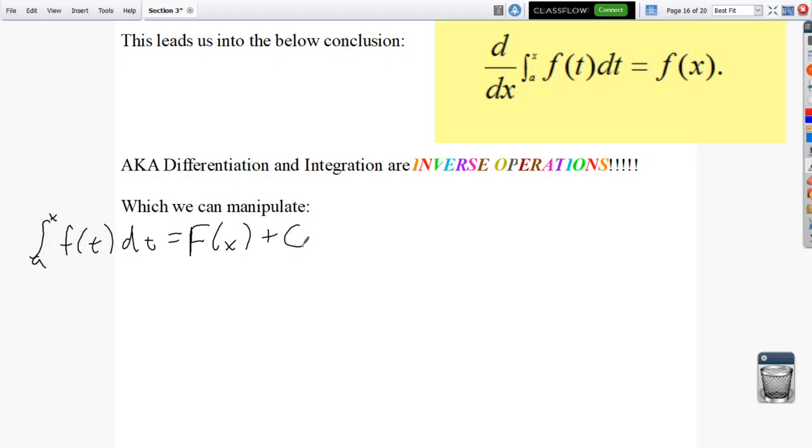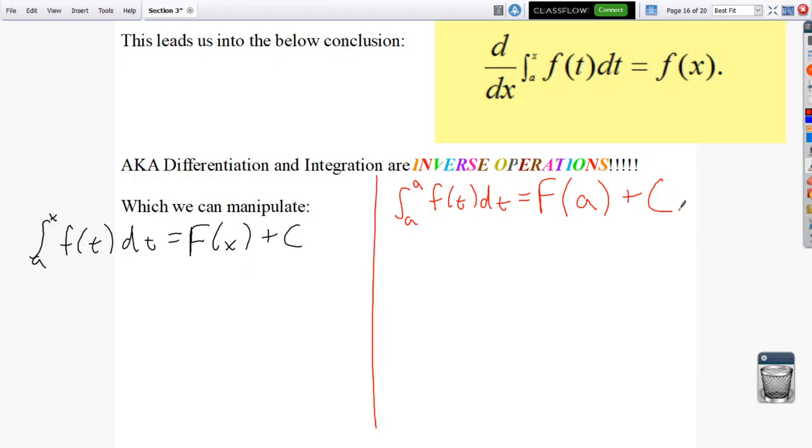We can actually solve for that constant if we make up another, here, I'm just going to put some scratch work over on the right side of my paper. If I change my upper limit just to a, this becomes the integral from a to a of f of t dt is equal to capital F of a plus c.